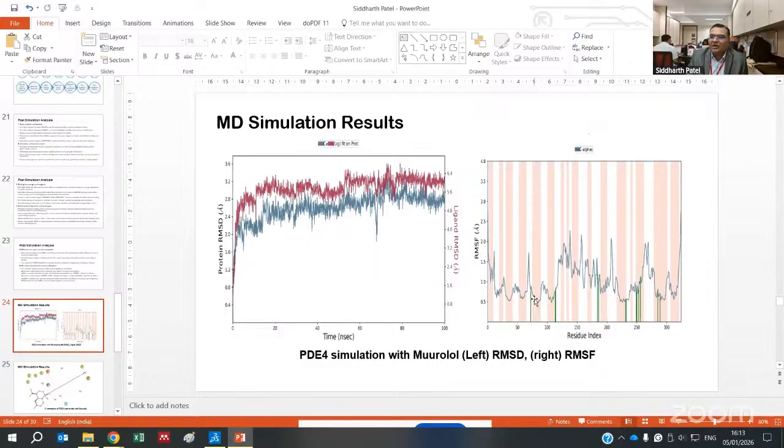And which amino acid is giving interaction out of the beta sheets and alpha helix is denoted by green lines here, so that you will understand, right from residue index 0 to 350, which amino acid is involved in the interaction. So the graph will give an idea to the scientist about which amino acid should be targeted.